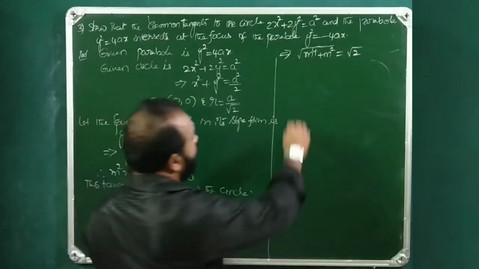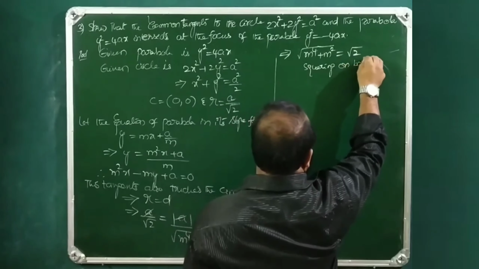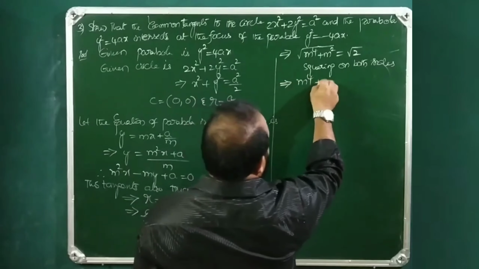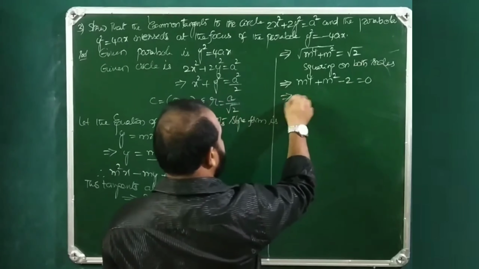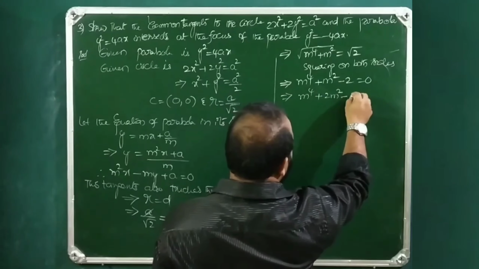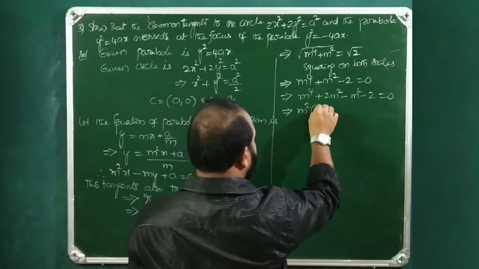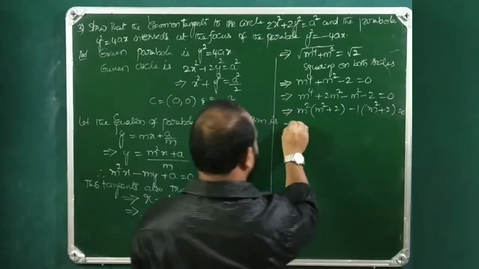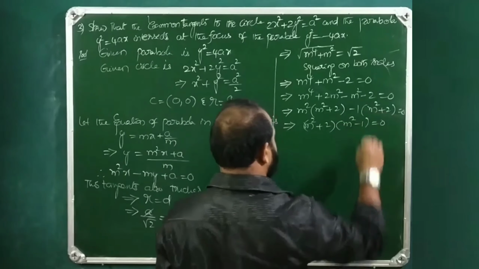Cross multiplication, squaring on both sides. That is m power 4 plus m square is equal to 2, or minus 2 is equal to 0. m power 4 plus 2m square minus m square minus 2 equals 0. m square into m square plus 2, minus 1 into m square plus 2, equals 0. m square plus 2 into m square minus 1 equals 0.